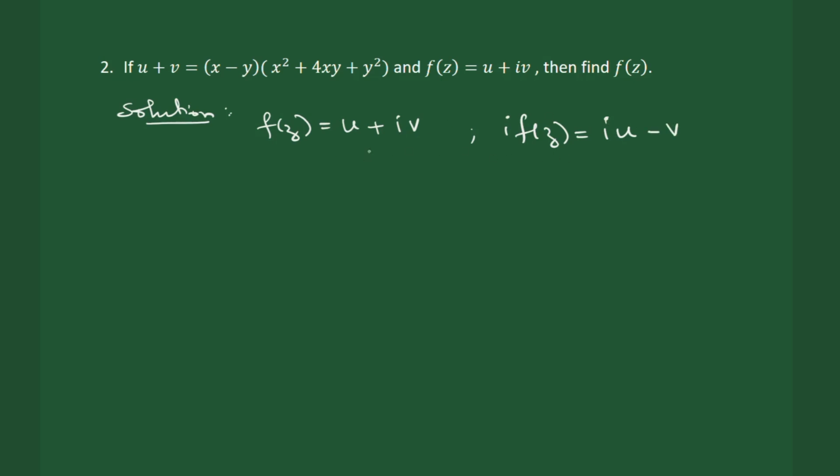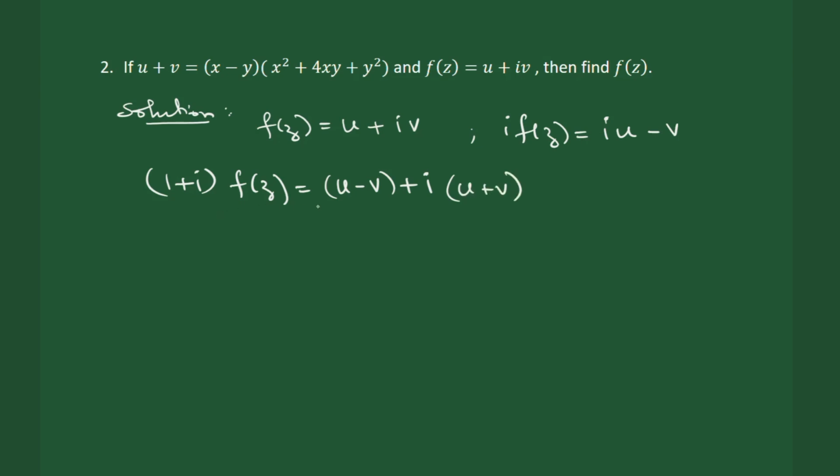What we are going to do here is add these two things. So the left side will become (1 plus i) into f of z. On the right side, the real part is u minus v plus i into the imaginary part, u plus v.